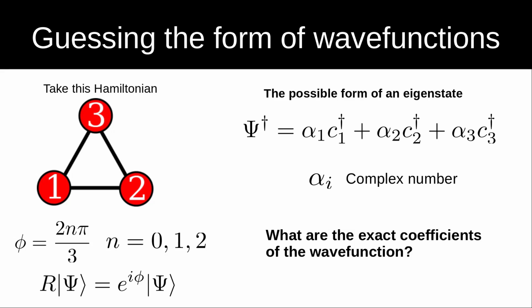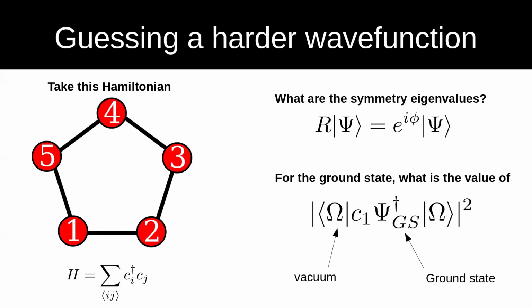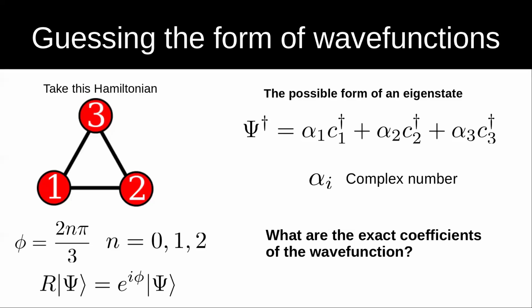And what we said before is that the phase that our wave function picks up is quantized, and is this phase 2nπ over 3 with n equal to 0, 1, and 2. So you can see that the phases in the coefficients are going to be exactly the phases that you have in the rotation operator. So you can directly find the eigenfunctions of the Hamiltonian just by looking at the symmetry that the Hamiltonian has.